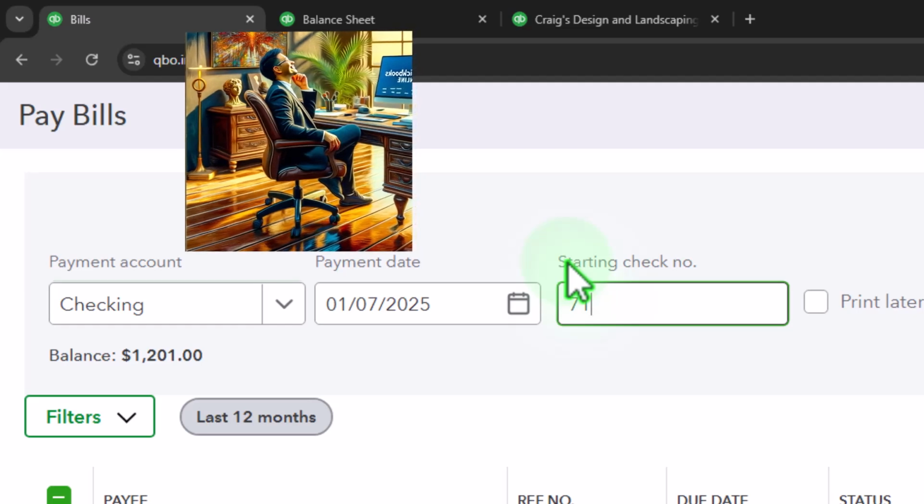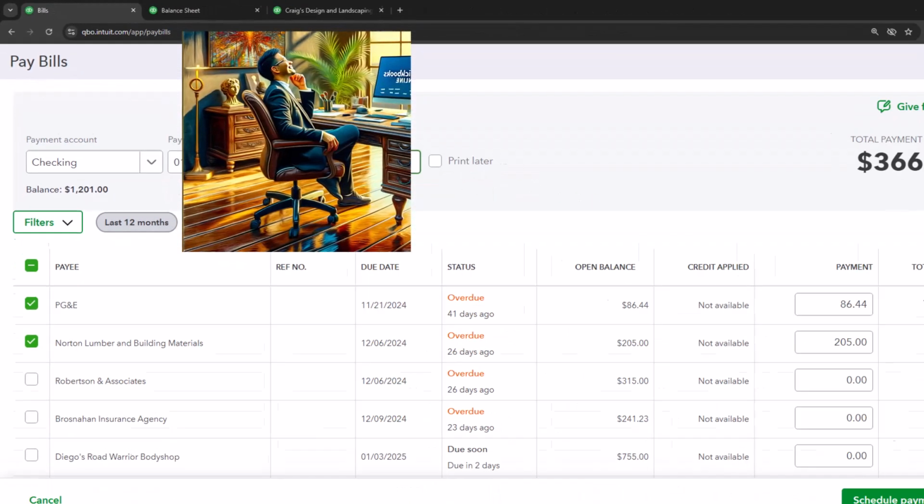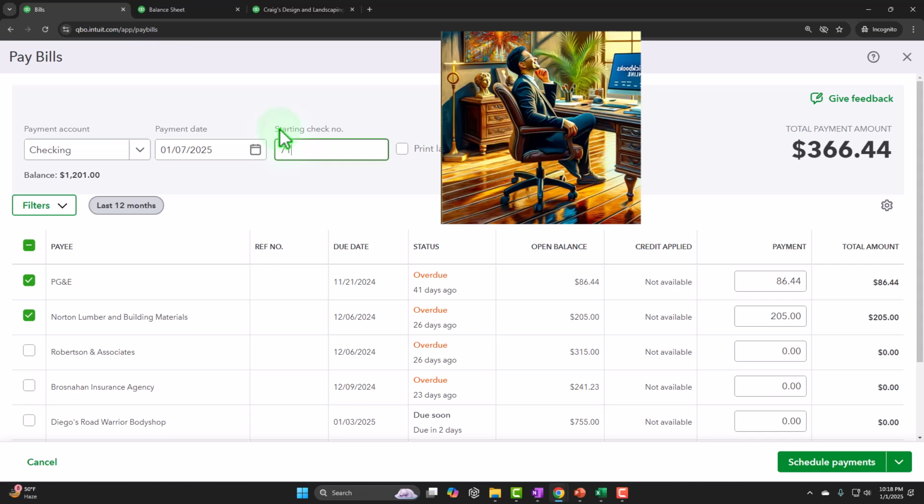Because if you're physically sending out the checks, you want to be able to track them so that you can have your bank reconciliation and see if the check cleared or not.